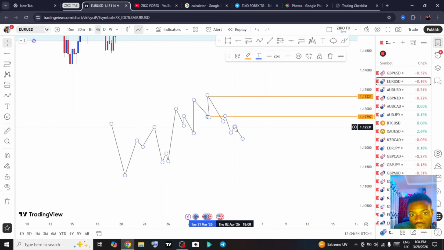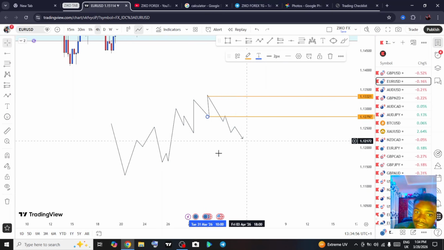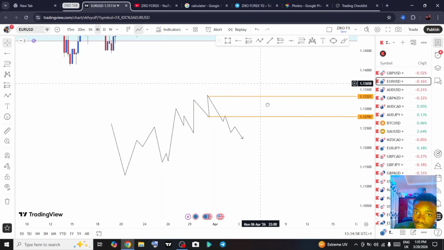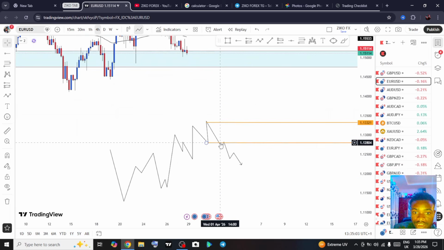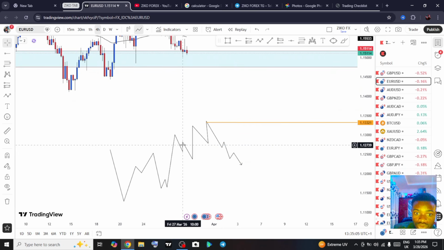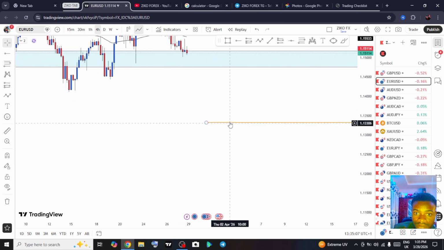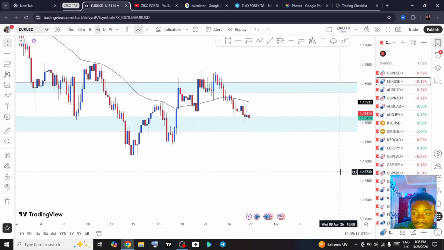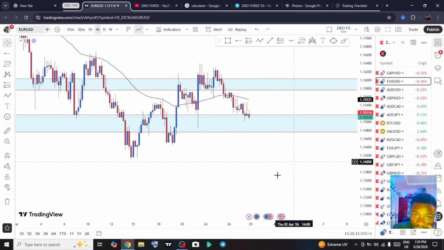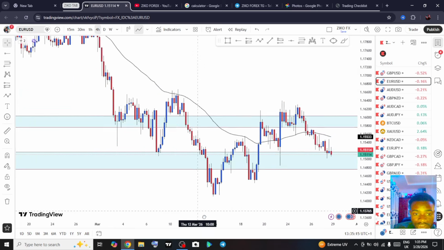And now what do you see? You're now having lower lows and lower highs. That tells you that this market structure is bearish. It's very simple. So let me delete this first before I continue the analysis, right? Now, coming over to the market structure, if you are not believing that this market structure is actually bearish, you can just simply look at the EMA.